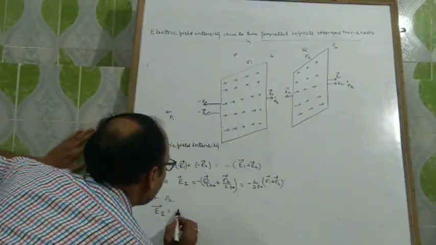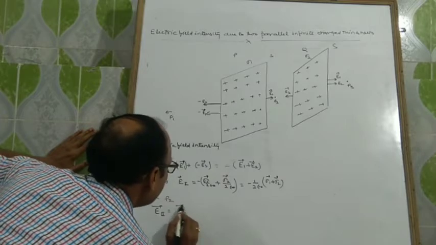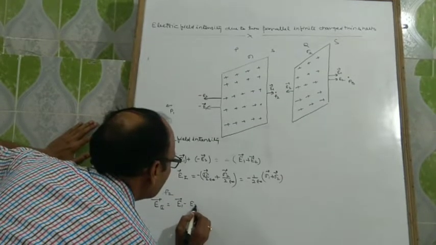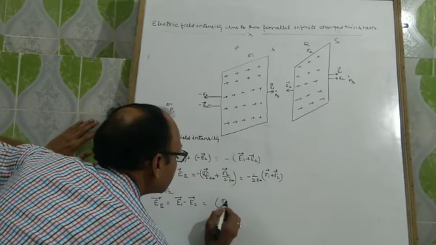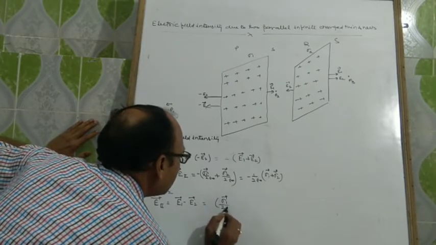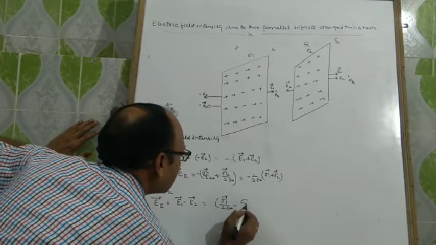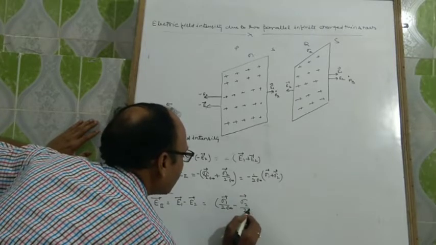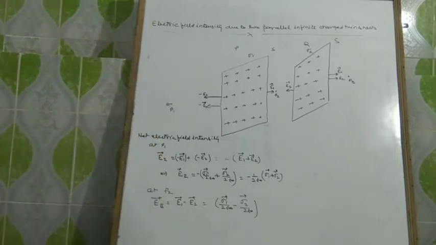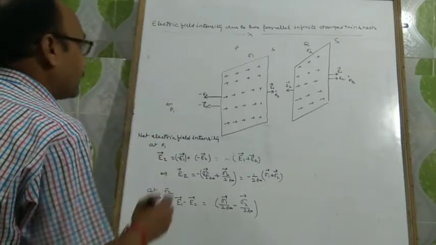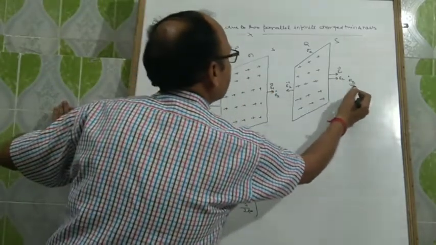It means you can write E1 minus E2, and this can be written as sigma 1 upon 2 epsilon naught minus sigma 2 upon 2 epsilon naught. Clear?